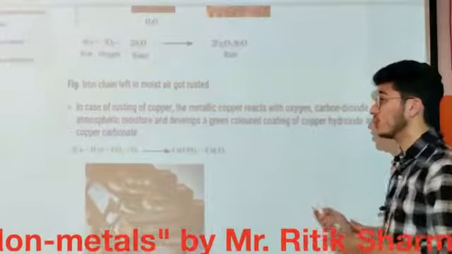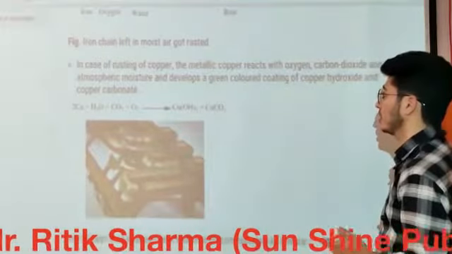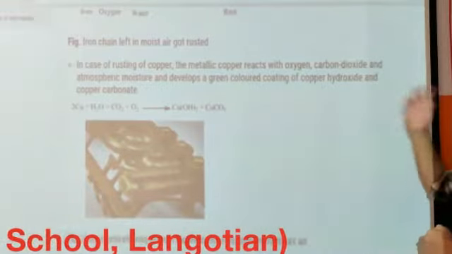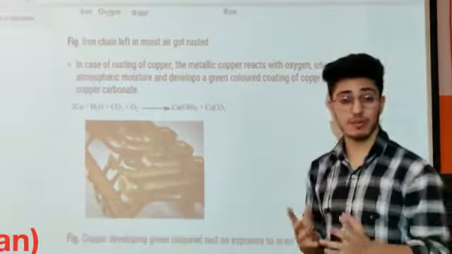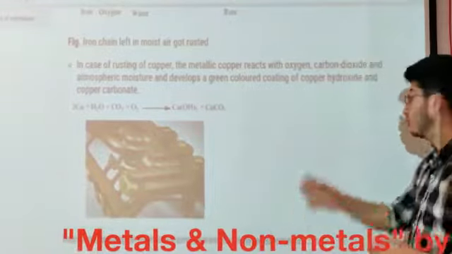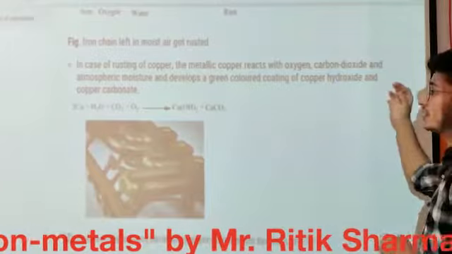And in case of rusting of copper, what happens? The metallic copper reacts with oxygen, carbon dioxide and atmospheric moisture and develops a green colored coating of copper hydroxide and copper carbonate.